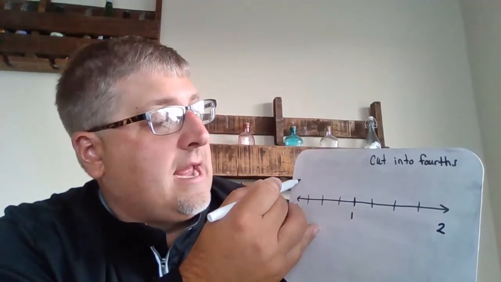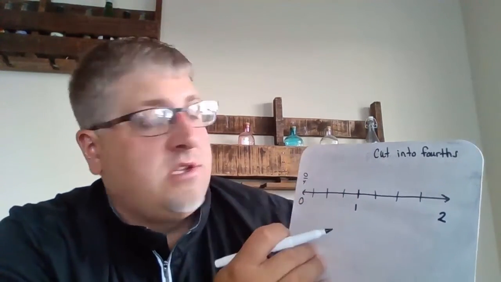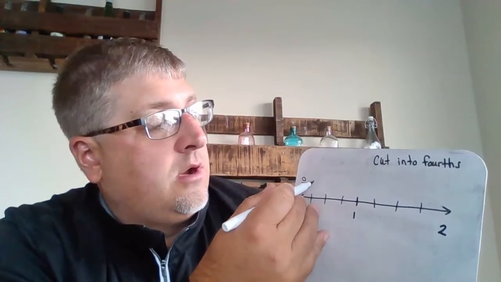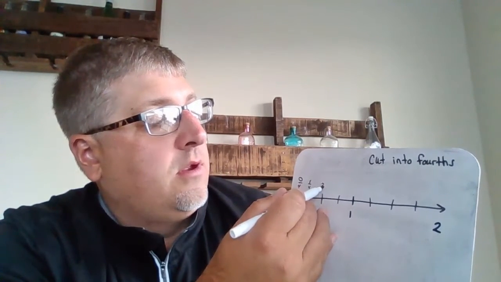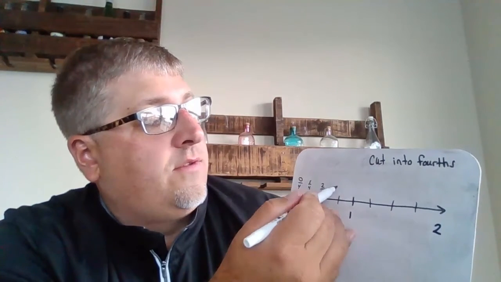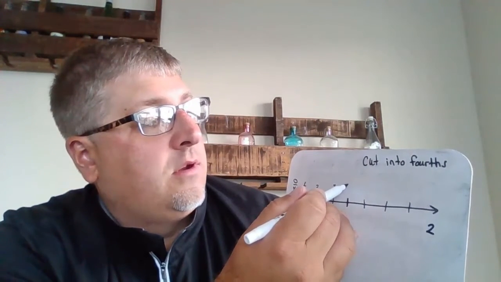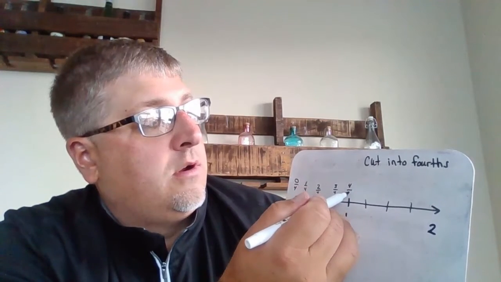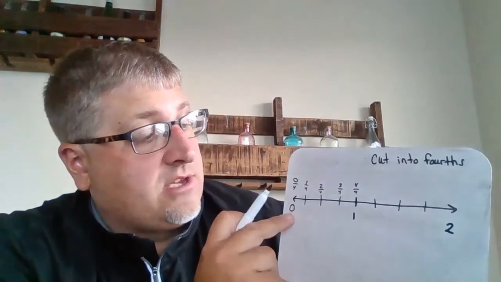So right now we're going to have up here, like we started, 0 fourths. We're just going to count up. We have 1/4, 2 fourths, 3 fourths, 4 fourths, and you can see that's our first equivalent.